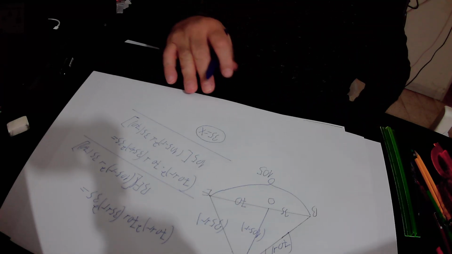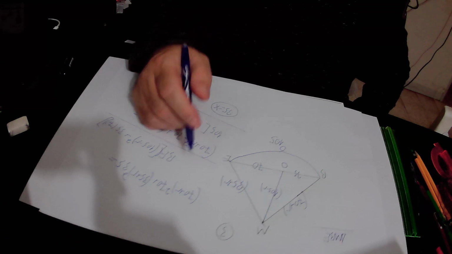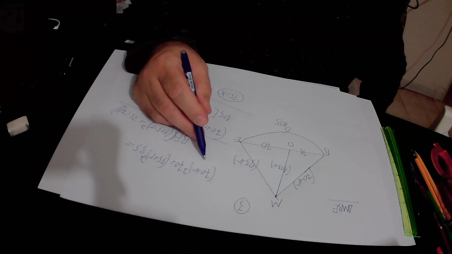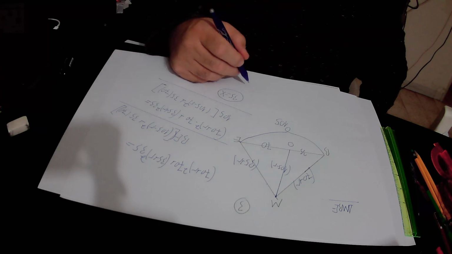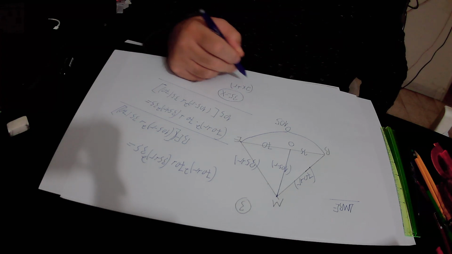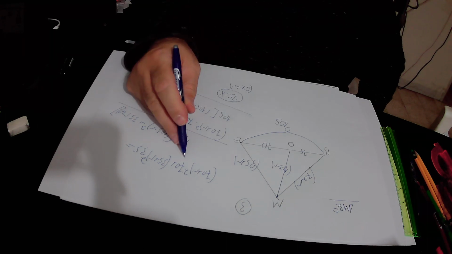So here we have 70 is 2 times 35, that is to say it is 2x plus r times 70.